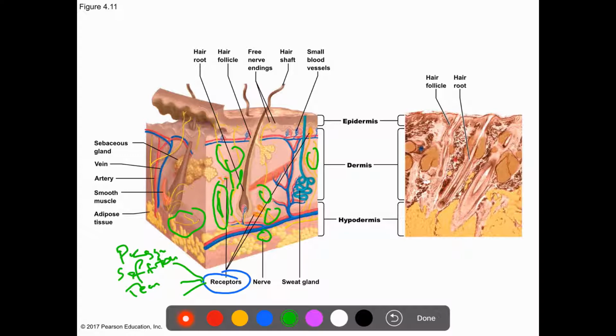Also, in the hypodermis, we have the adipose tissue, or the fat tissue. All of this is within a section of our skin. But again, the hypodermis, just remember, is not part of the skin. This fat tissue is beneath the skin.